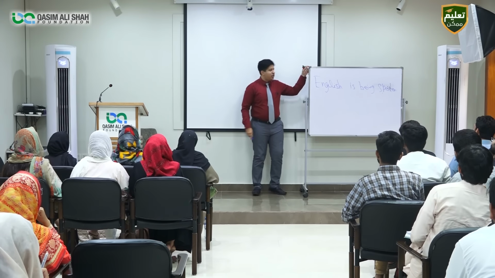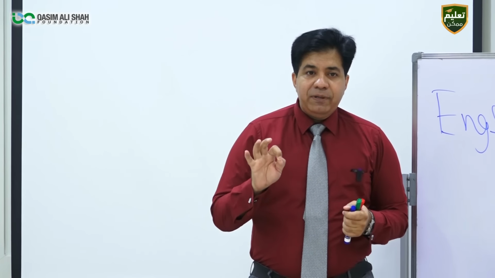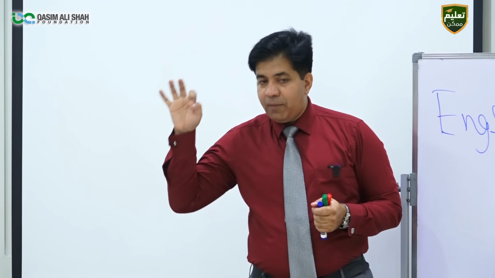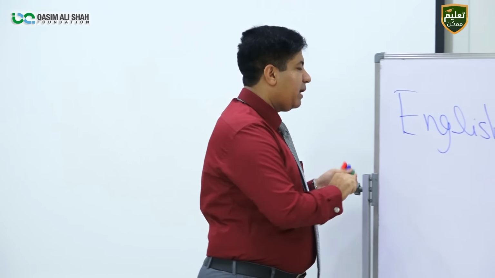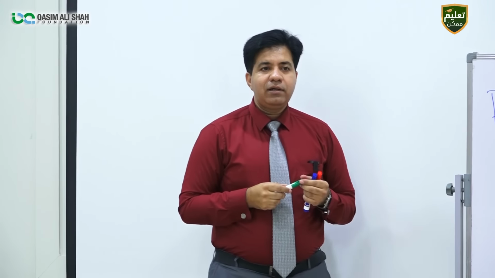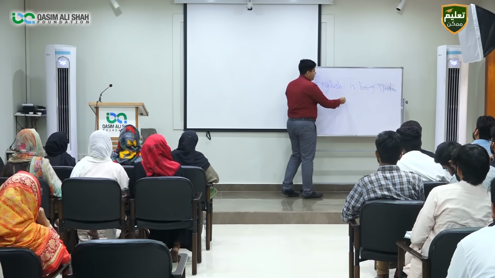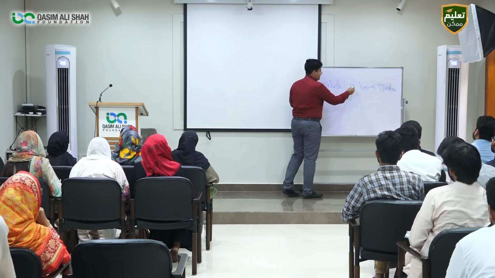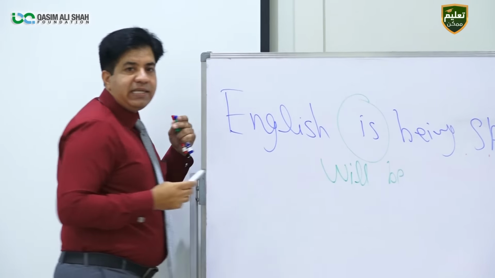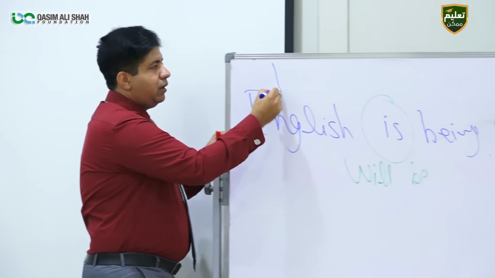Past tense: English was being spoken. Remember, it's only the verb that changes the sentence from present to past. So is will be converted to was. Future: will and be. Now why be? Will is for future, and is will be converted to be. Basically, you know, the original form of is, am, are is what?